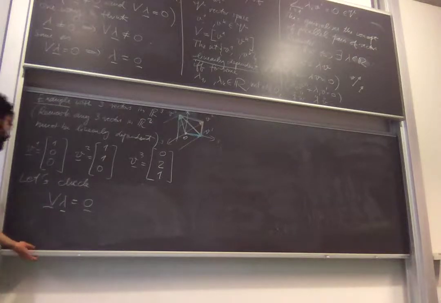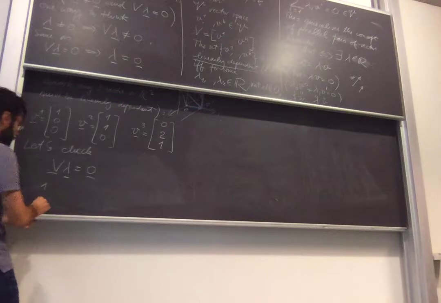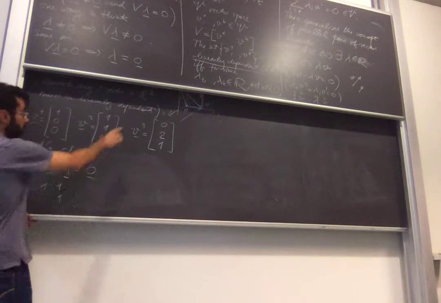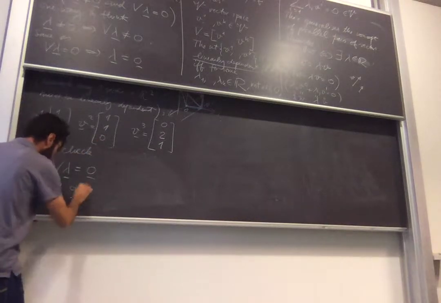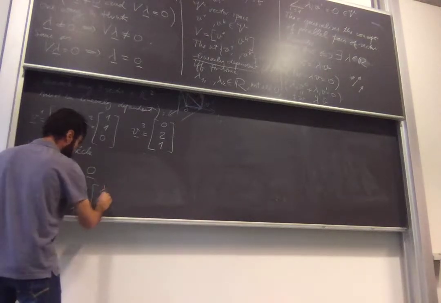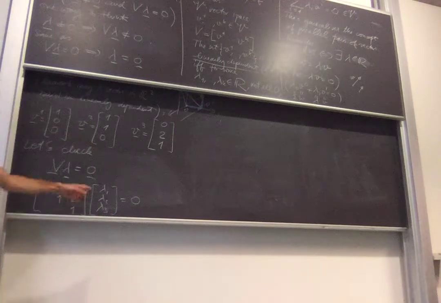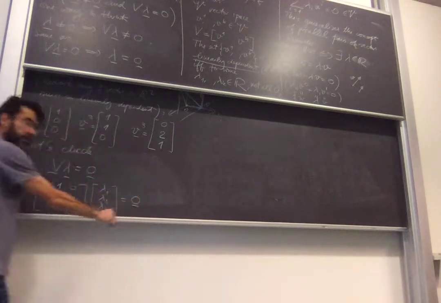So what is this? Well, as I did it before, this time I'm going to go a bit faster. So it's the matrix with rows 1, 1, 1, then 0, 2, 1, times lambda 1, lambda 2, lambda 3 equals 0. This is the 0 vector, which means 0, 0, 0, right?